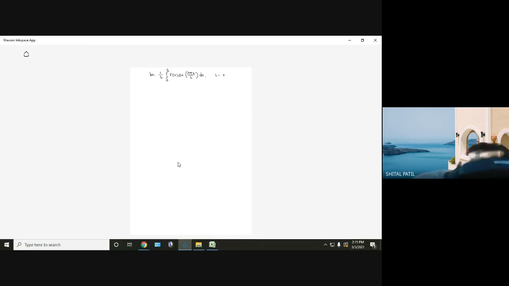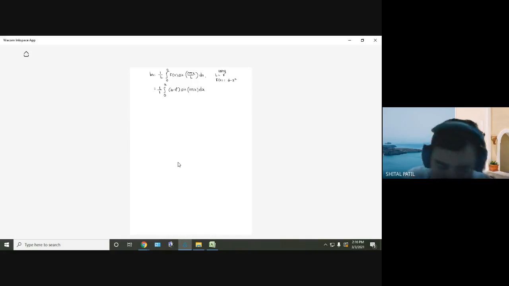Okay, L equal to 1 and f of x equal to 4 minus x square. Use this. Therefore, it is 1 upon 1, 0 to 2, f of x is 4 minus x square, sine of n pi x dx.